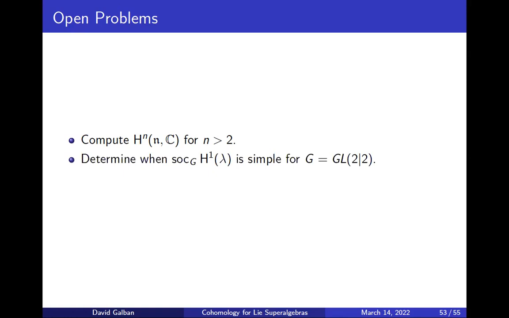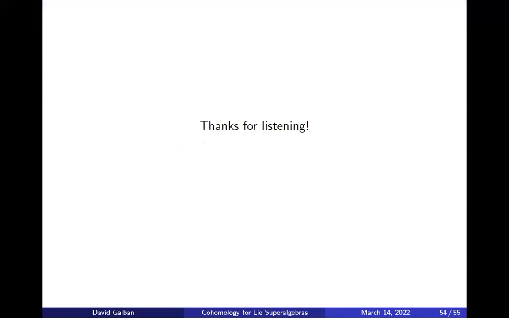Additionally, for these sheaf cohomologies, what remains to be seen is computing when the G socle is simple for not Q(n), but GL2 too. Really all our results right now are just for the Q(n) case, and extending to even GL2 would be an improvement. But I think that's everything I wanted to say today. So I'd like to thank you very much for listening, and I'll just stop there.